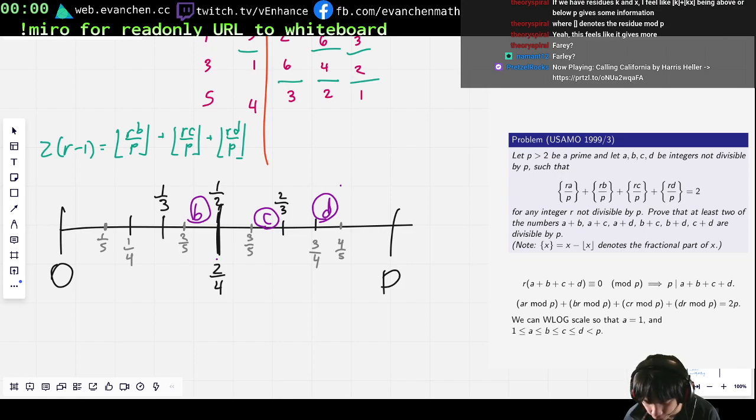I mean, maybe what I should do is I should just pick a large prime P and see why this causes problems. So the problem is I expect things to be too small. So I want to like take something.